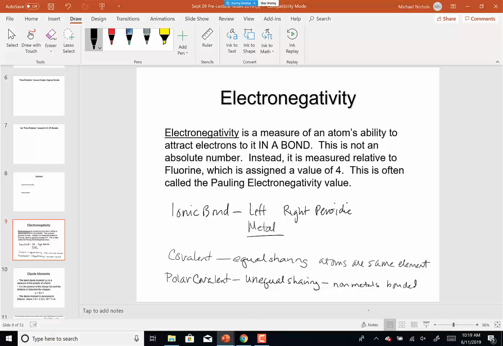And so when you have a carbon-hydrogen bond, that's what I call a relatively covalent bond. So I'm going to treat a carbon-hydrogen bond 9 times out of 10 as if it was a pure covalent bond. And 1 time out of 10, I'm going to actually invoke their electronegativities.